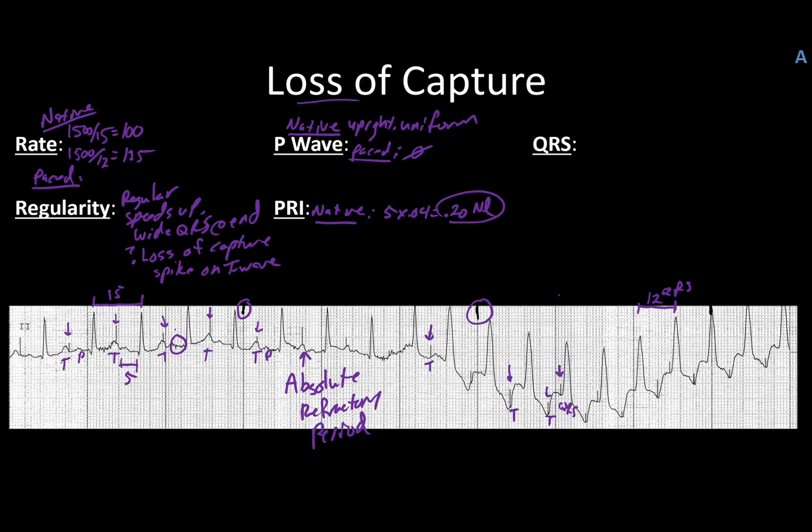Which then leaves us to the QRSs. From a native standpoint, they're uniform. They have the QR shape.